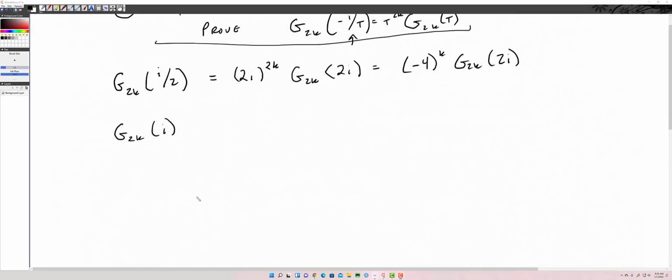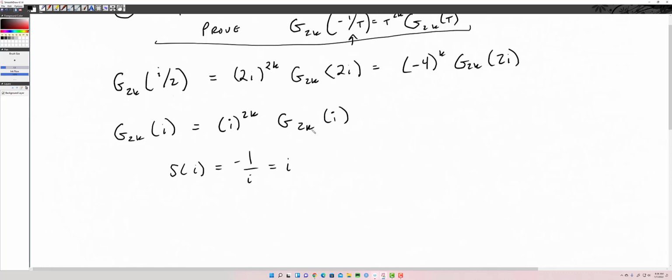The next one is g2k of i. Well, S acting on i is minus 1 over i, which doesn't change it, it's just i. So what this says is that this equals i to the 2k, g2k of i.